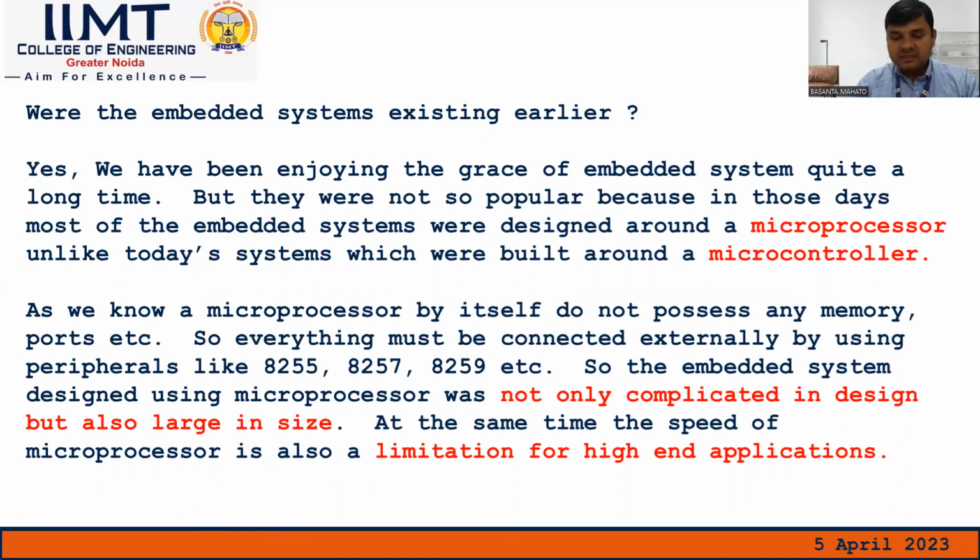But the limitation of the microprocessor is that everything gets connected externally by using peripheral blocks like 8255, 8257, 8259, etc. So an embedded system designed using a microprocessor is not only complicated in design, but also large in size. It is so bulky. At the same time, the speed of the microprocessor is also limited for high-end applications.